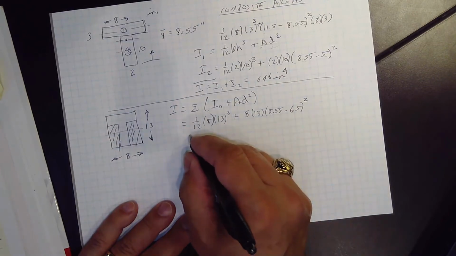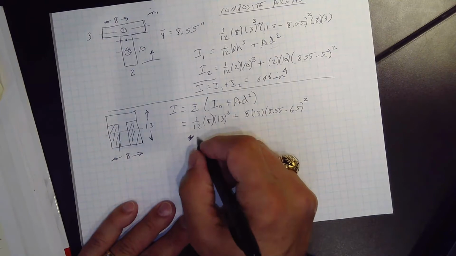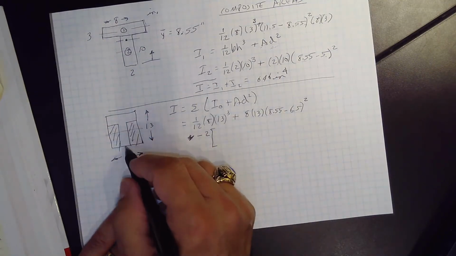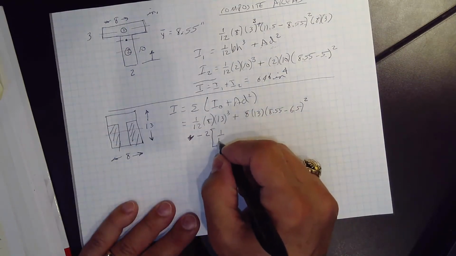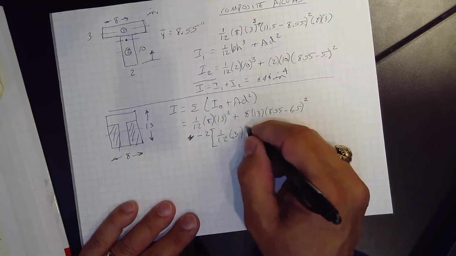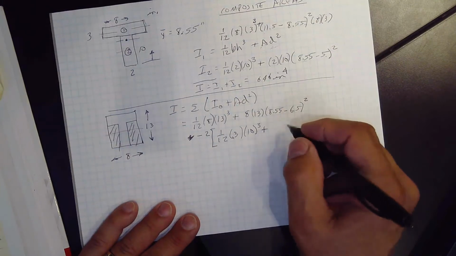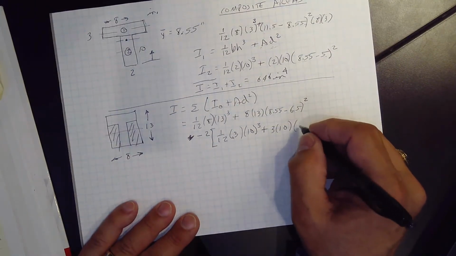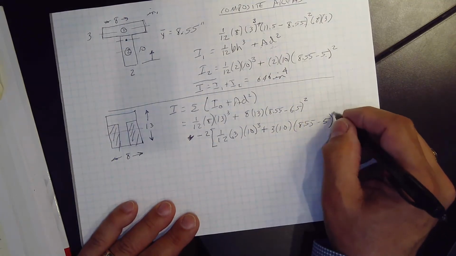1/12 bh cubed plus a d squared. And then we're going to add to that, or actually we're going to subtract, aren't we? We're going to subtract 2 times these two I naughts, which is 1/12 times 3 times 10 cubed plus ad squared, 3 times 10 times 8.55 minus 5 squared.